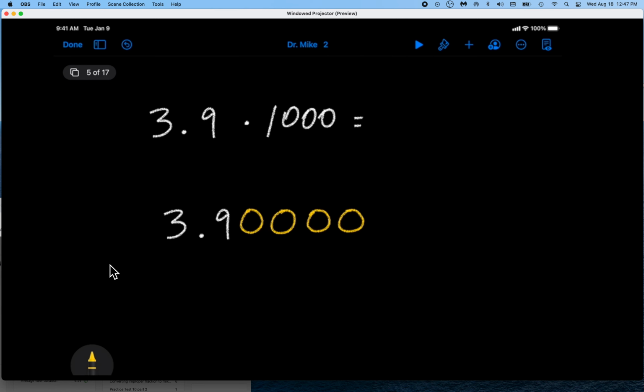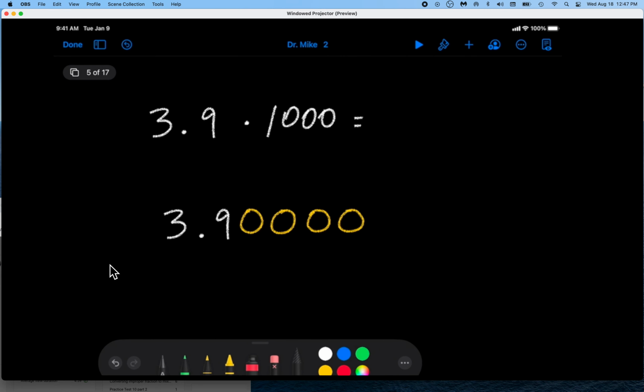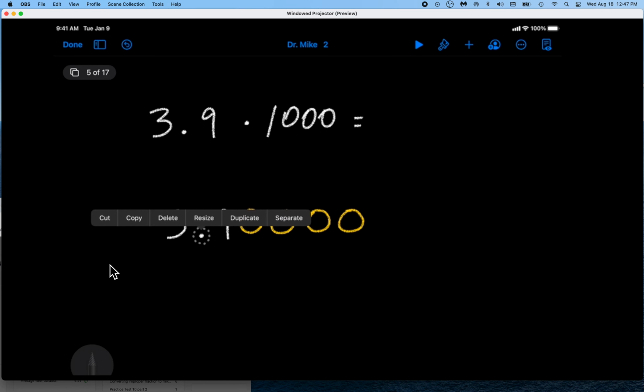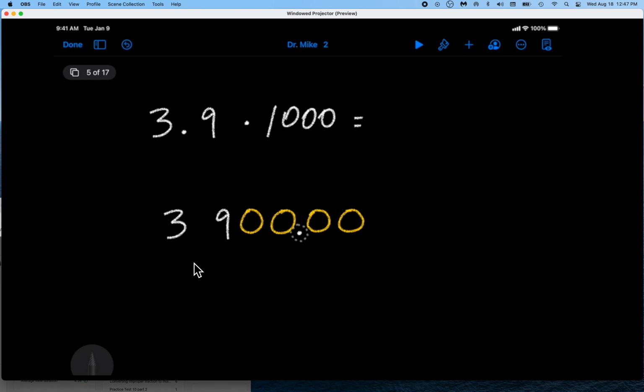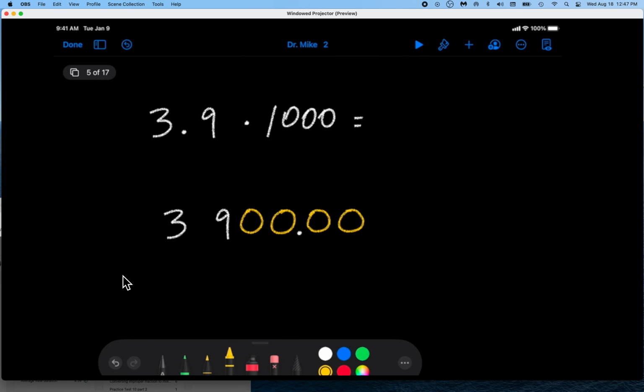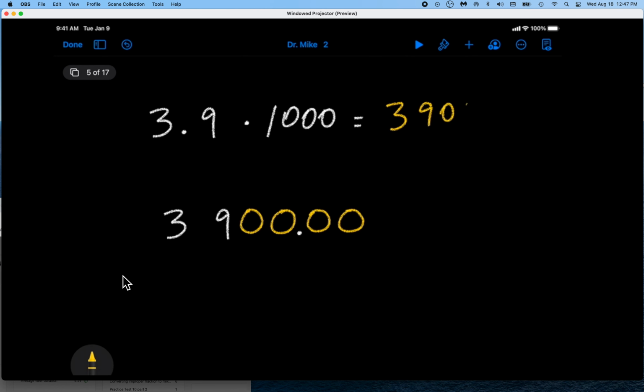So now when I move this 3 decimal places to the right, I have a place to put it. 1, 2, 3. Right there. Okay, started here. 1, 2, 3. Specific spots to put it, as opposed to Never Never Land. Okay, here's our final answer. 3,900. If you want to put the decimal place 0.0, you can. You do not have to.